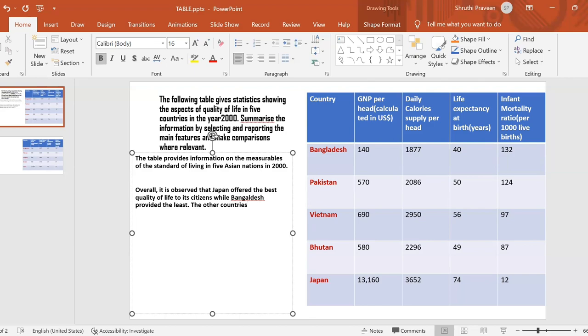Vietnam, Pakistan and Bhutan, the other countries showed, maybe I can say similarity in certain aspects, as well as an average quality of life.